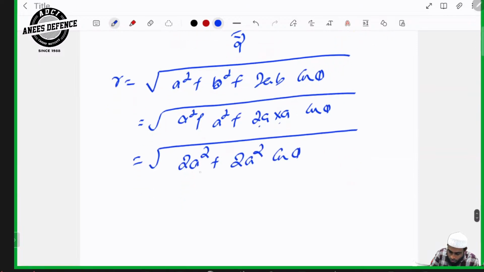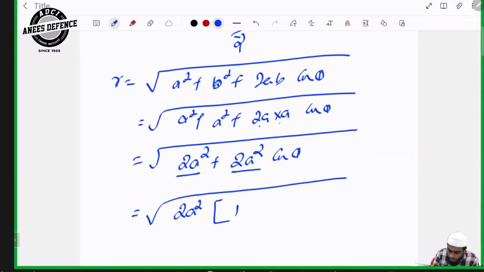In these two terms, who is common? 2A square is common, so remaining is 1 plus cos theta.